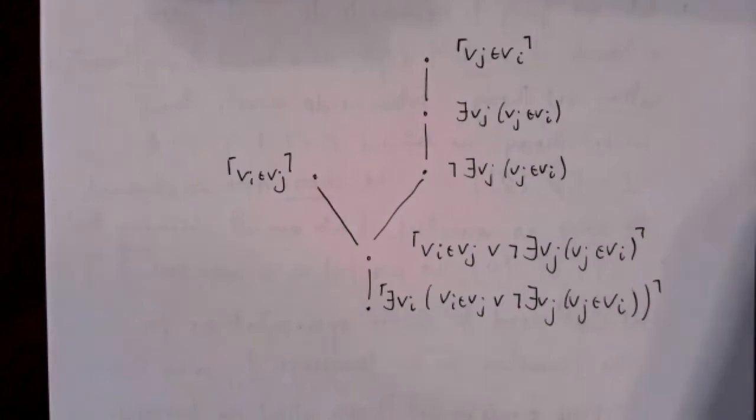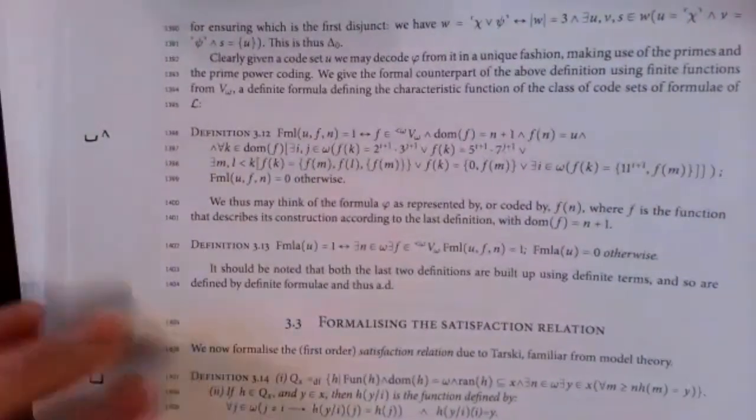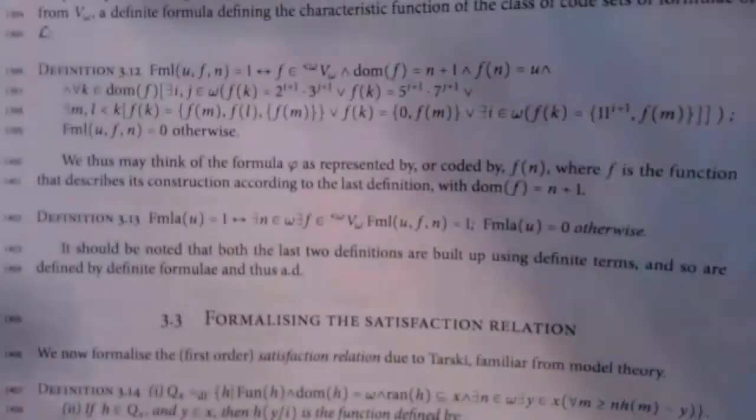So I'm looking then at definition 312 on the top of page 46. Let me just put that there in front of you here, rather than writing it out once again. Let's just see then here what it says.